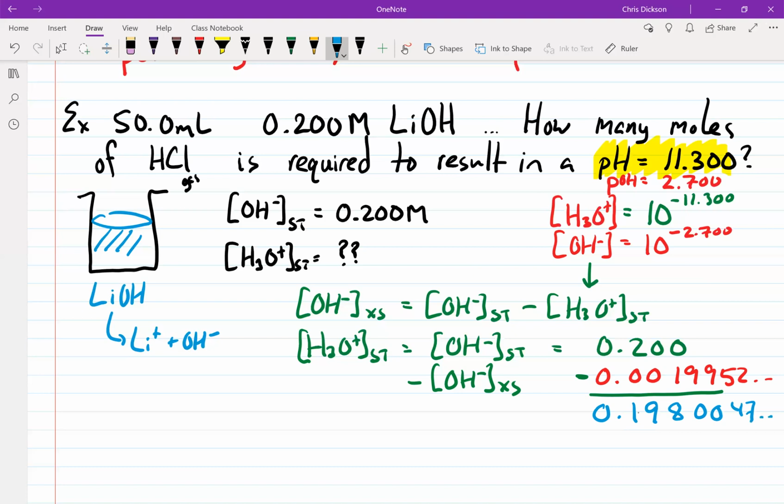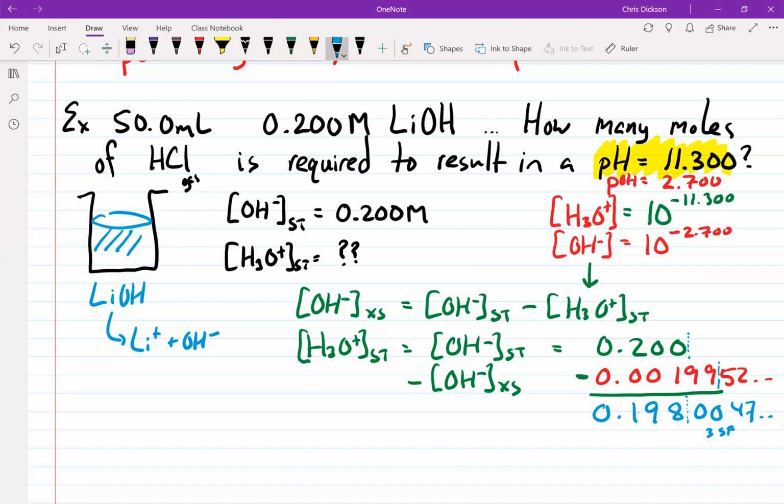Okay, so with sig figs, this number here would be accurate to the third decimal place. This number would be accurate to the fifth decimal place. So we can only be accurate to the least precise number, which is the third decimal place, which is this number here. So this number, whatever it turns out to be, is going to be 3 sig figs.